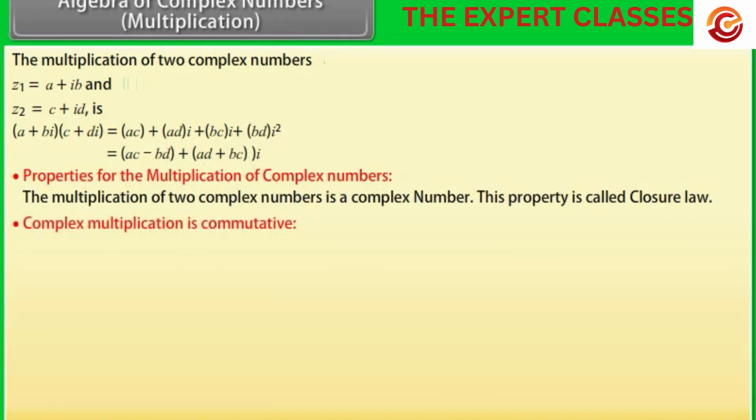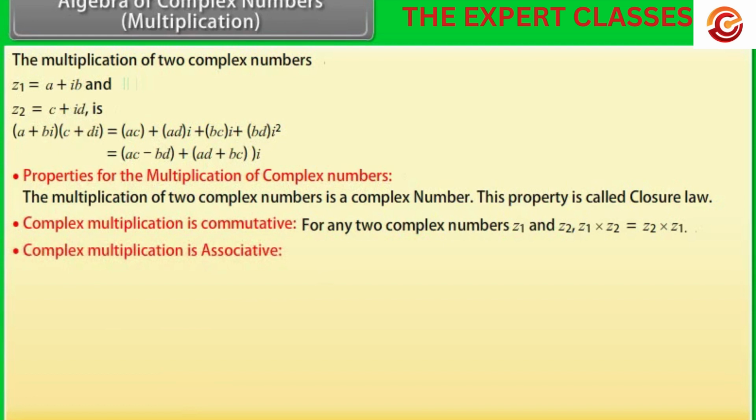Complex multiplication is commutative. For any two complex numbers z1 and z2, z1 into z2 is equal to z2 into z1. Complex multiplication is associative. For any three complex numbers z1, z2, z3, z1 into z2 into z3 is equal to z1 into z2 into z3, with grouping changed.